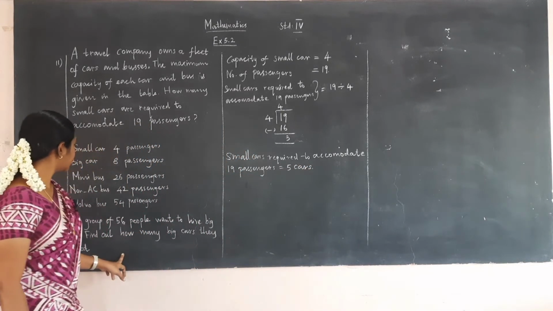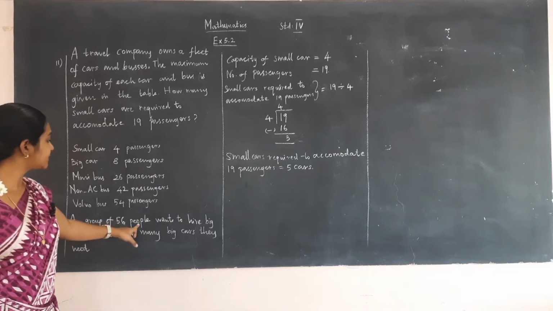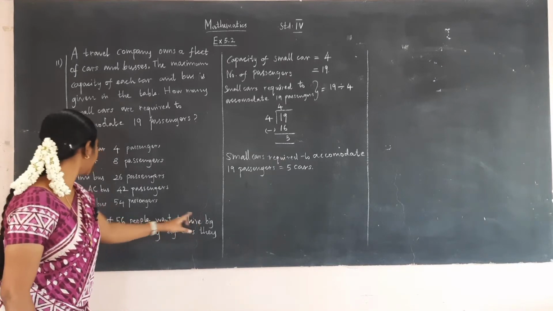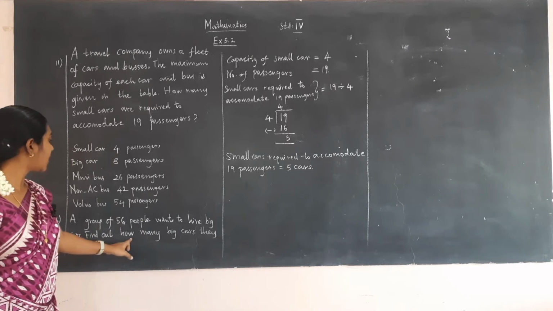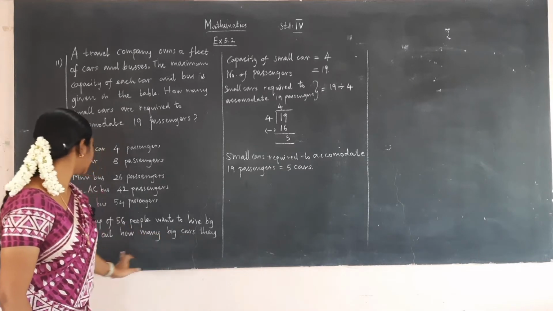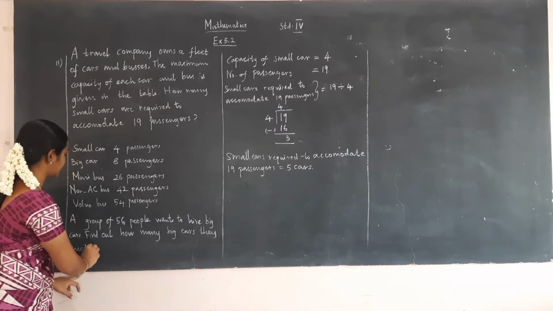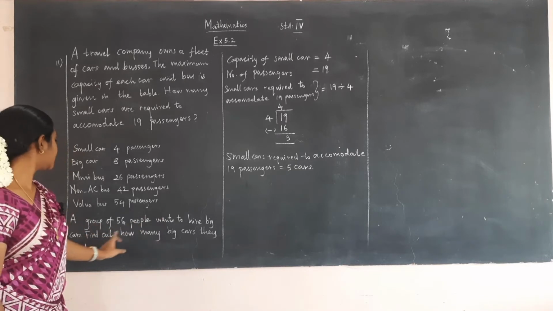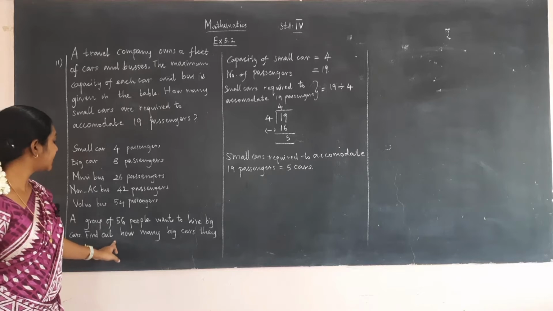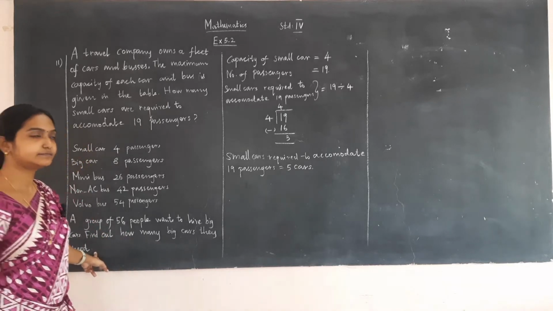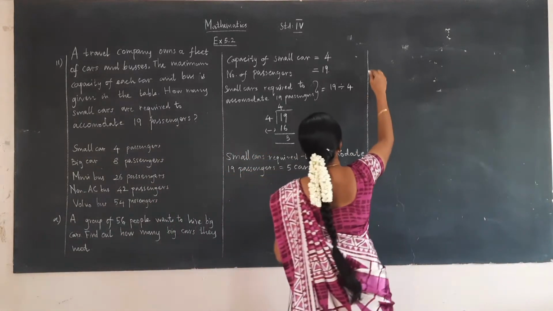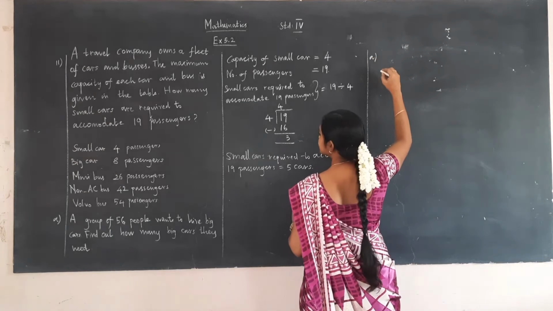The next question: a group of 56 people wants to hire big cars. Find out how many big cars they need. 56 people want to hire big cars. We have to find how many big cars they need. First let us write the capacity of big car.